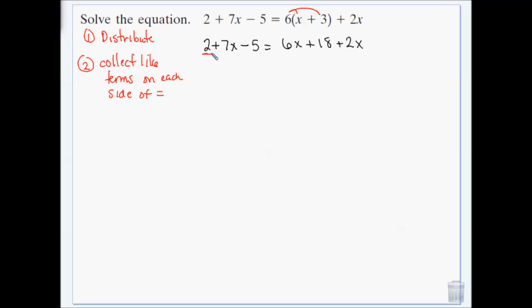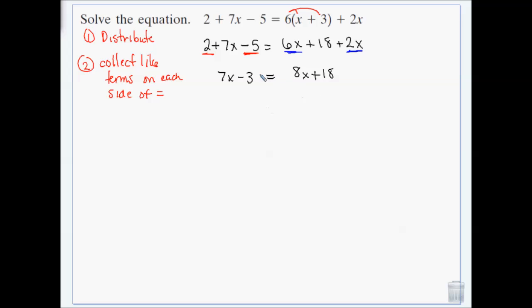So I've got a 2 and a negative 5 here. So that gives me 7x minus 3. Because 2 minus 5 is negative 3. And then on this side, I have 6x and 2x that are alike. So that gives me 8x plus 18. So far, okay?